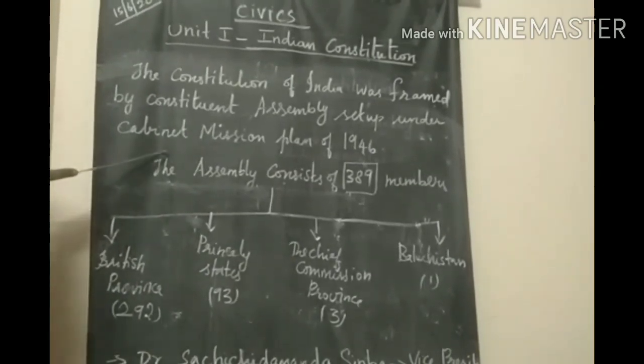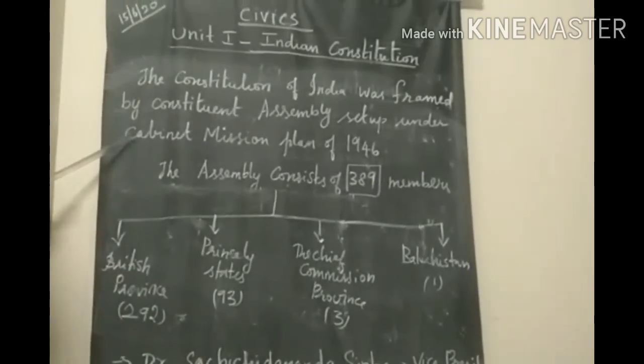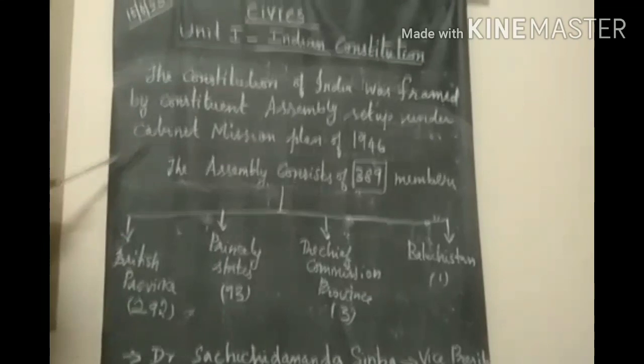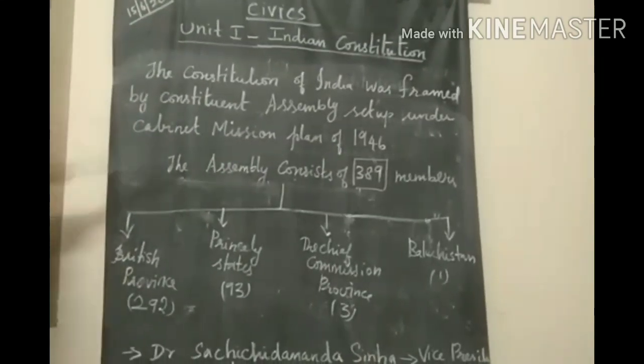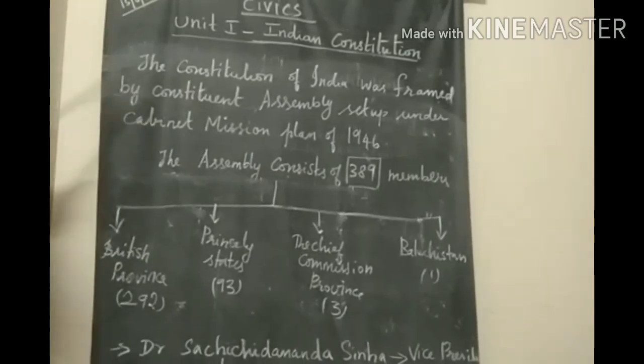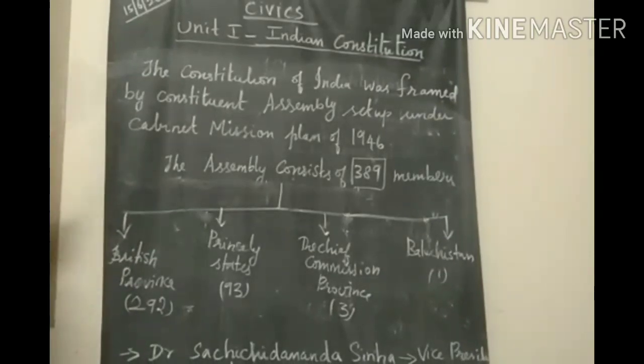So we have already discussed the two meetings held before and after India was divided into the Pakistan Union and the Indian Union. The Constitution of India was framed by the Constituent Assembly set up under the Cabinet Mission Plan of 1946.